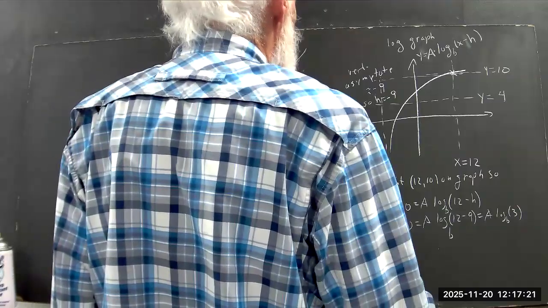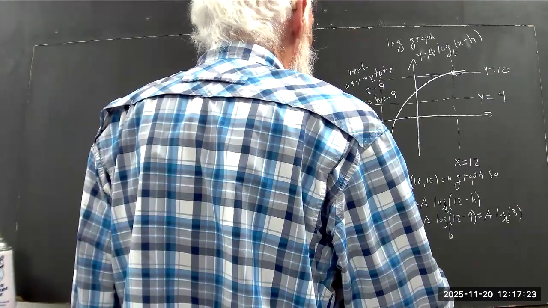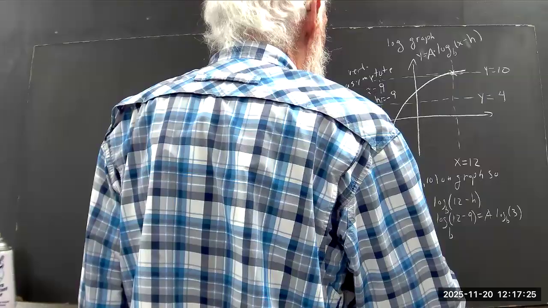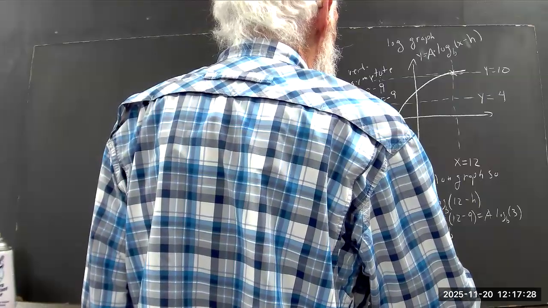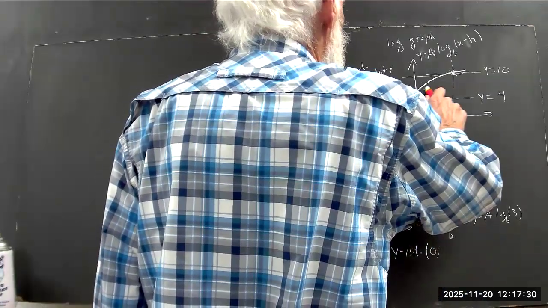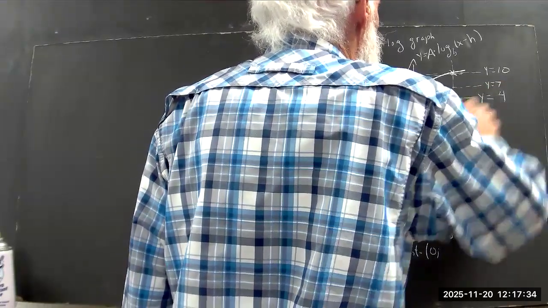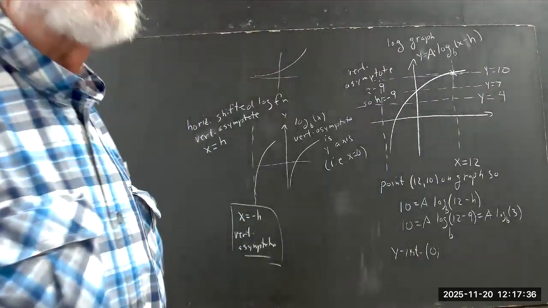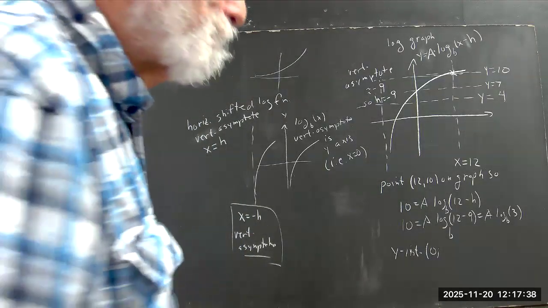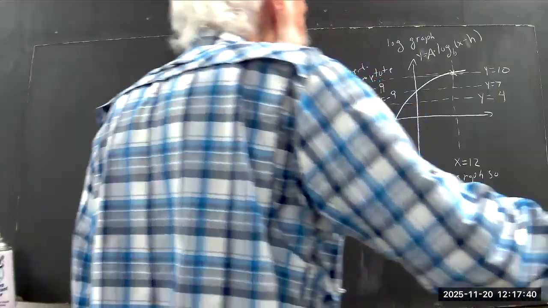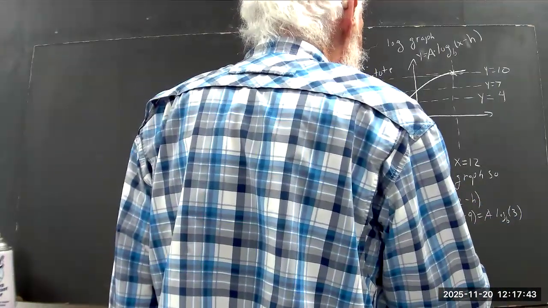And then we have the y-intercept. I'll use y equals 7 because that's pretty reasonable there. Even though somebody else out there used y equals 7.